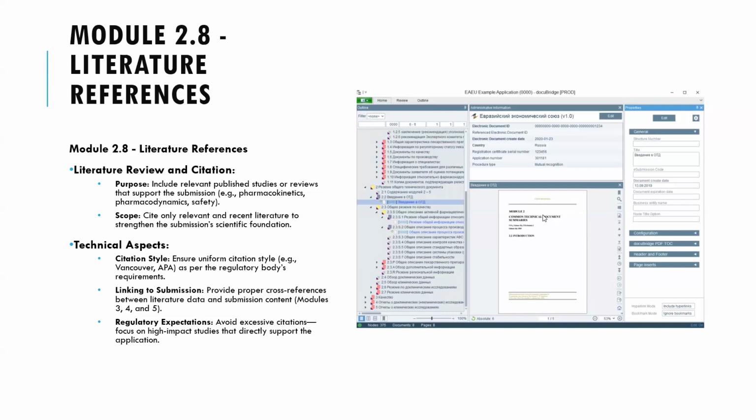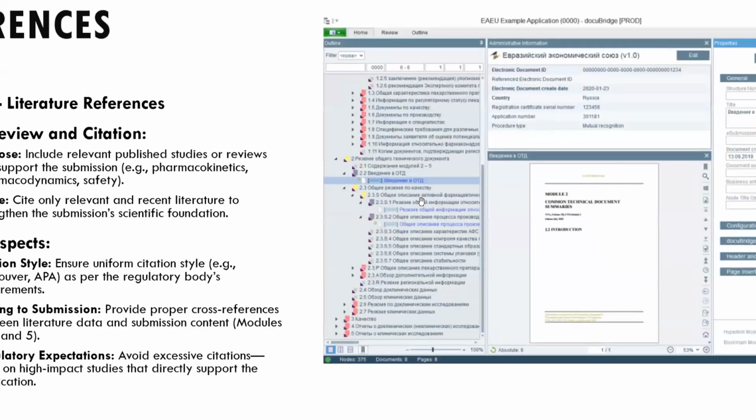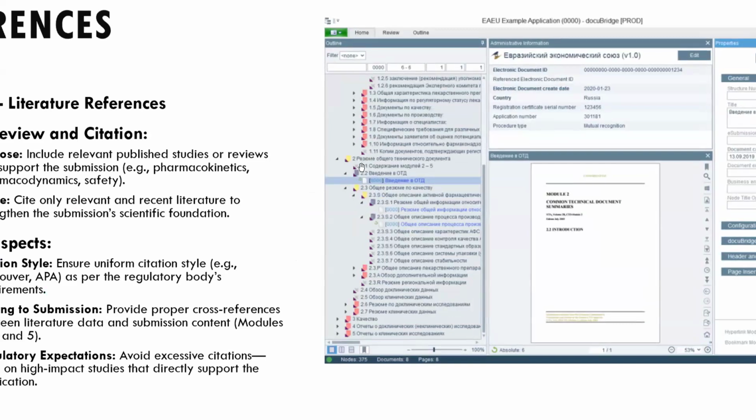Here I have presented an example of how a submission looks like when you are doing a submission using a software. Here we have used Lawrence document. I have changed the language and everything, but I'll just zoom in for you. See, can you see this folder?